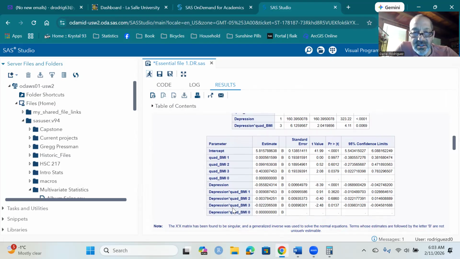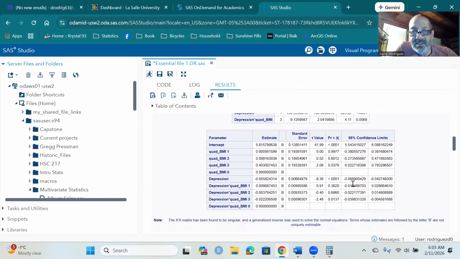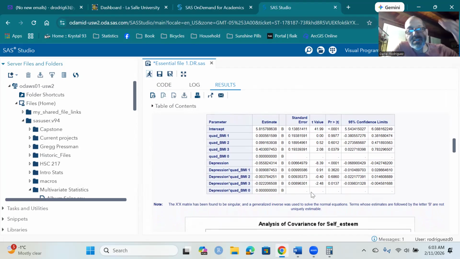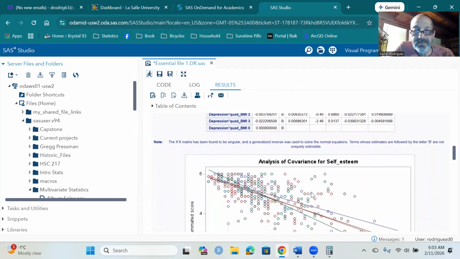This is the effect of the highest level of BMI versus the lowest level of BMI times depression has a significant effect on self-esteem, but the other levels of BMI didn't. Okay, so that's important here. And we see even here when we look at simple main effects, that level of BMI had a significant effect. But again, we're not interpreting that because once the interaction term is significant, we focus on that.